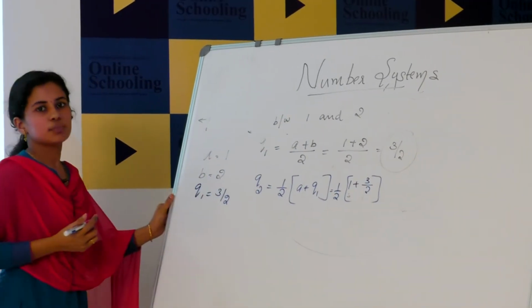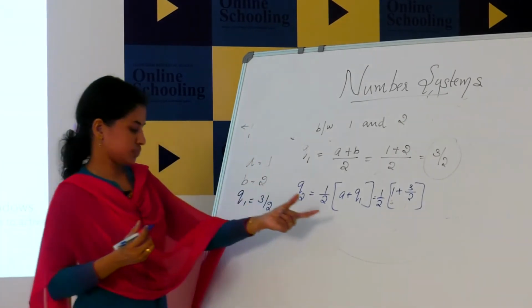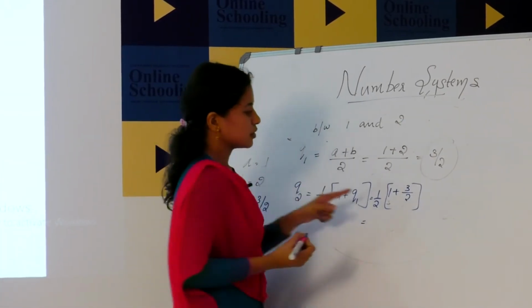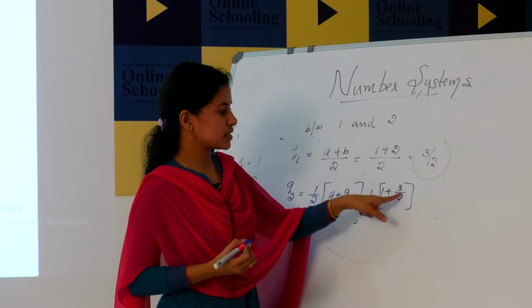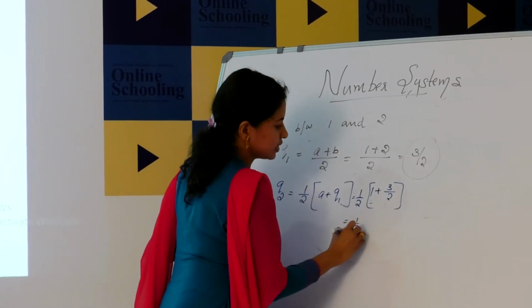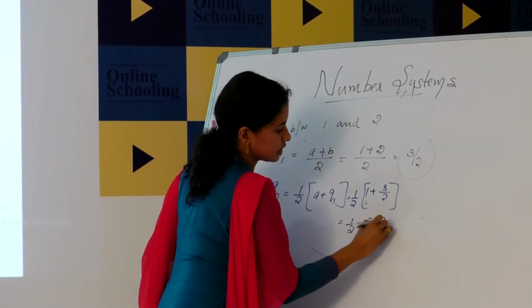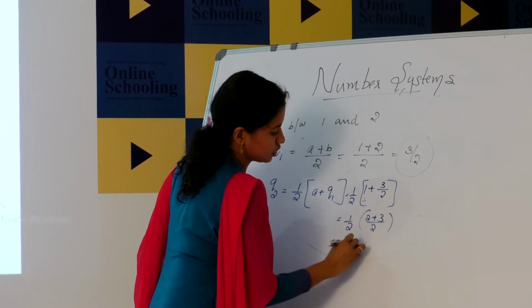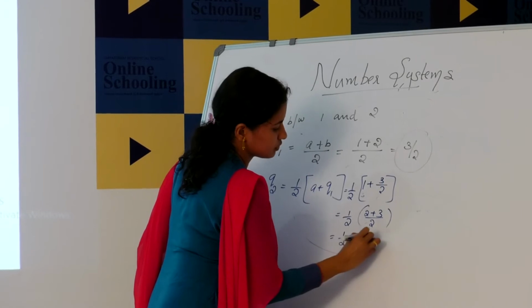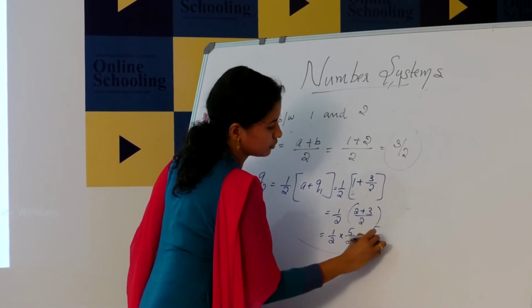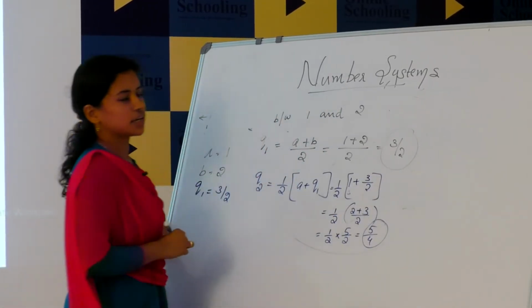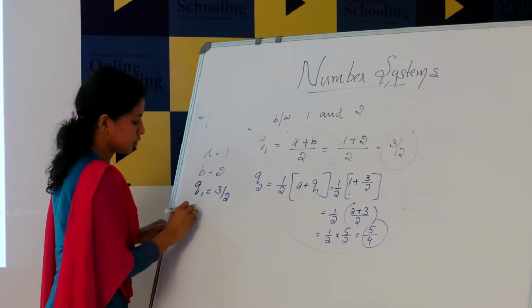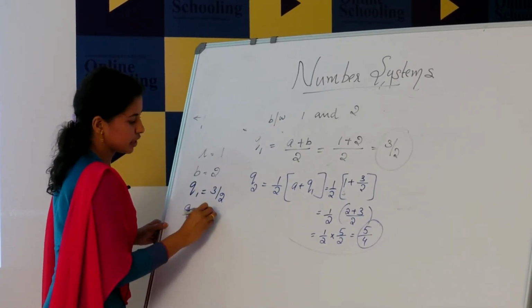Here we can use the BODMAS method. First calculate within the brackets, that is 1 plus 3 by 2. We get 2 plus 3 by 2, that is 1 by 2 into 5 by 2, which is equal to 5 by 4. So another rational number, Q2, we get is 5 by 4.